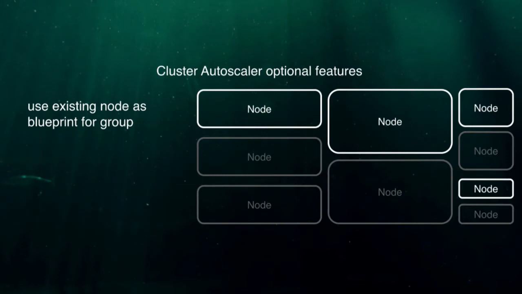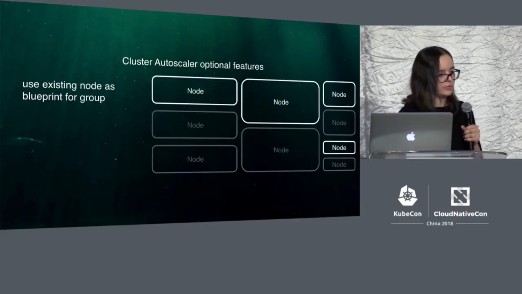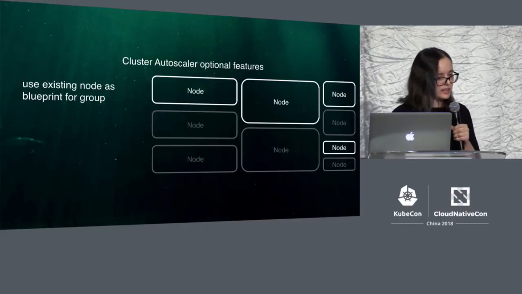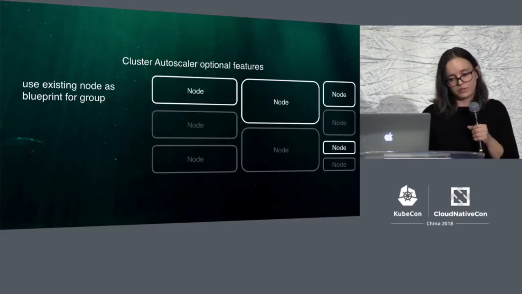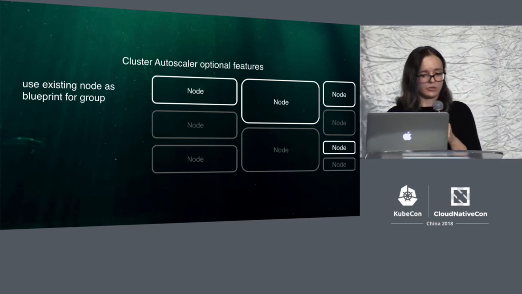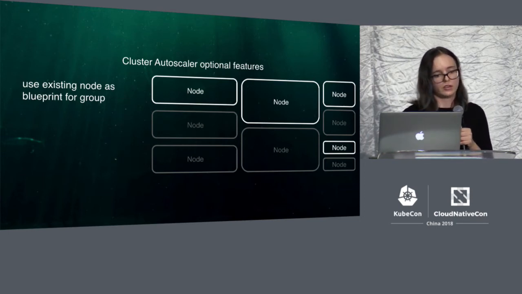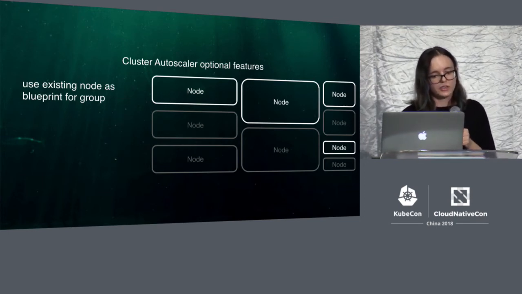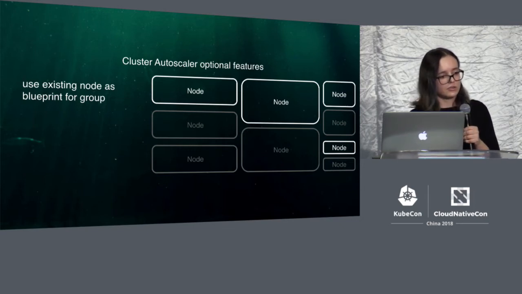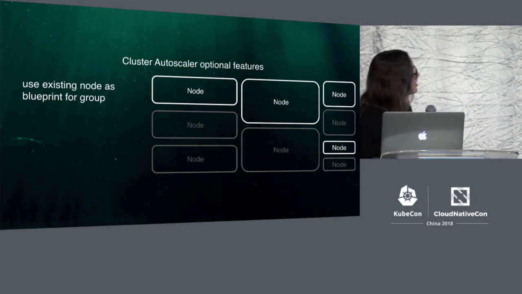So this is enough for the basic functionality. To make Cluster Autoscaler add some nodes, delete some nodes, more or less work for your cloud. But there are some features that, it may not be obvious why, are optional. So for example, the assumption that we always use existing nodes as a blueprint for a group.